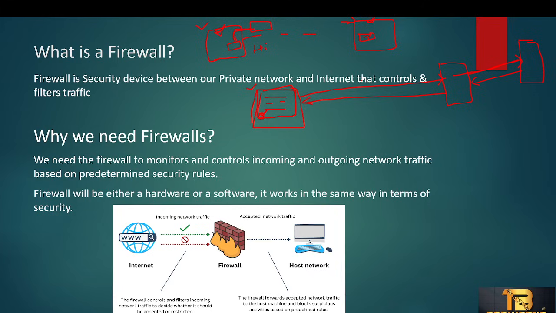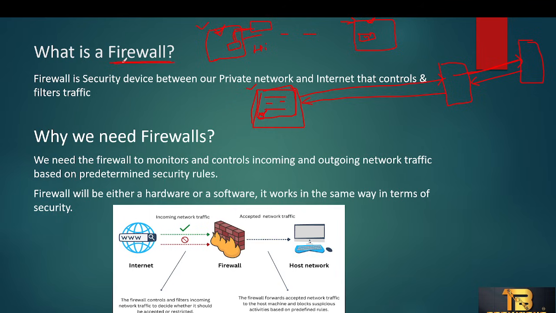Okay, so in that security, these firewalls are the main important source to provide all this security in your network, while transferring your money, or while doing online shopping, or while sending a message to your friends. So to provide security, these firewalls are very important.